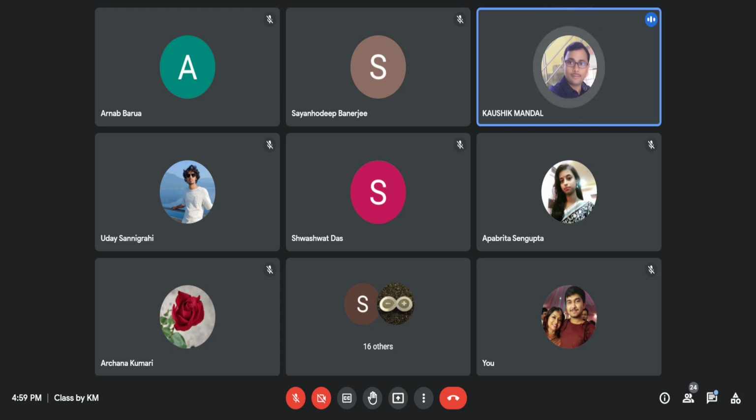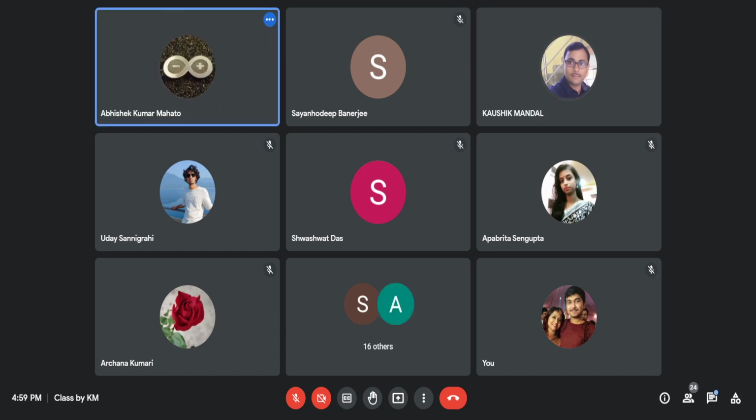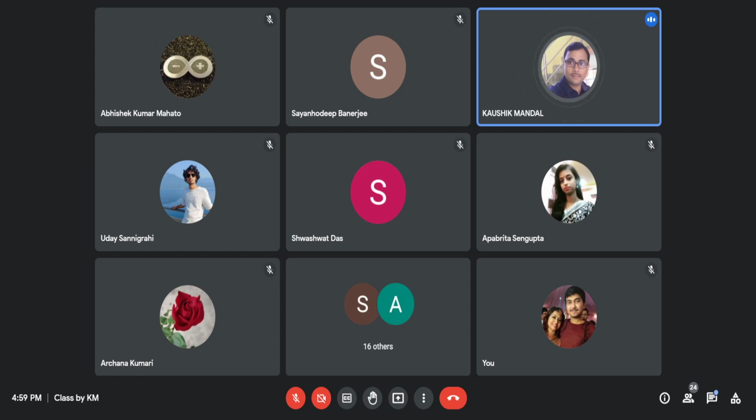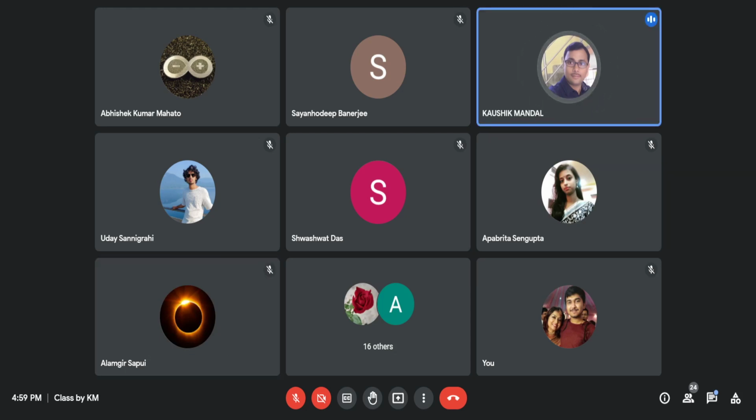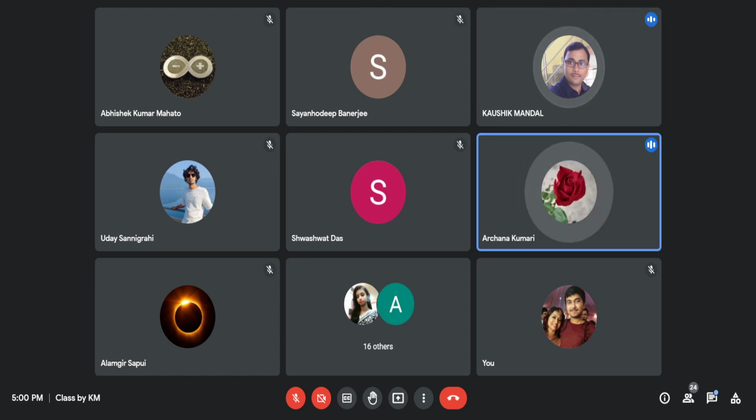Abhishek Kumar Mahato. Present, sir. Next, Alamgir Shapui. Present, sir. Anirban Noskor, absent or present? Archana Kumari. Absent, sir. Present. Okay, Arijit Chakraborty.